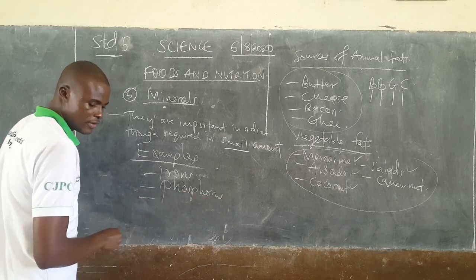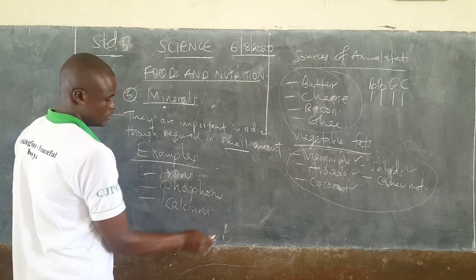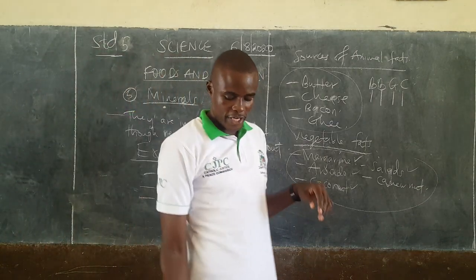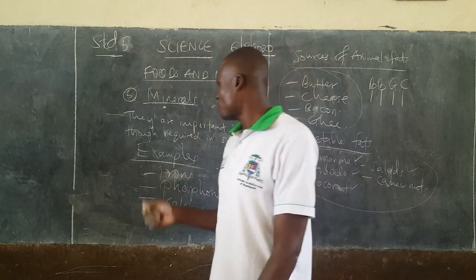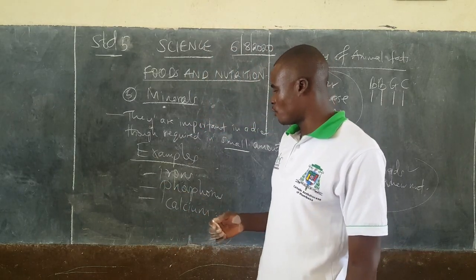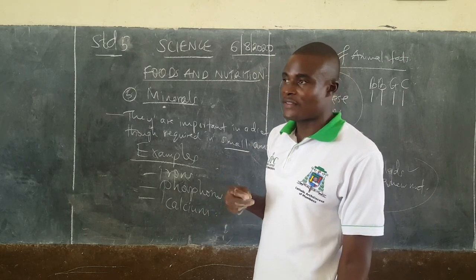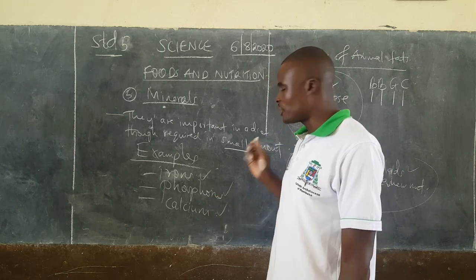And lastly, we need calcium in our body. These 3 examples of minerals are very easy to grasp. We don't have others that we're going to learn at class 5 level. So we only have iron, phosphorus, and calcium.